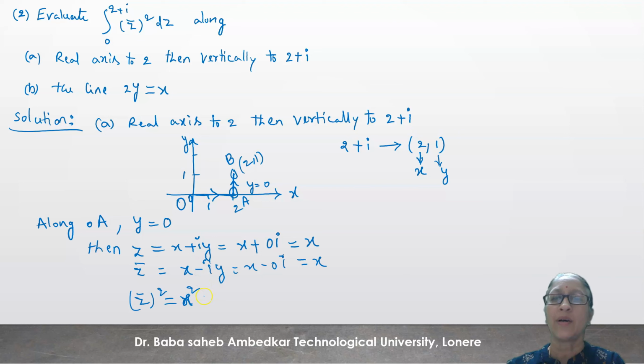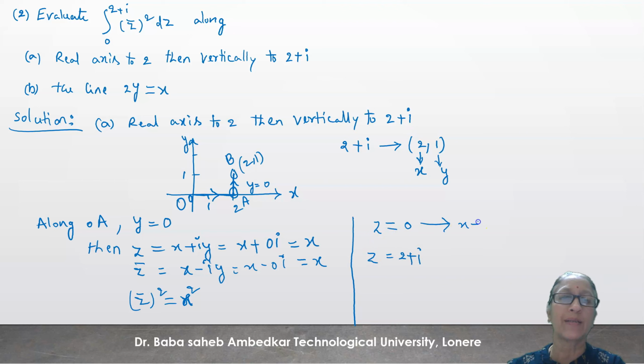Now after converting the integral in terms of x, we have to find limits for x. Here limits for z are 0 and 2 plus i. Now z equal to 0 means x plus iy equals 0, implies x equals 0.